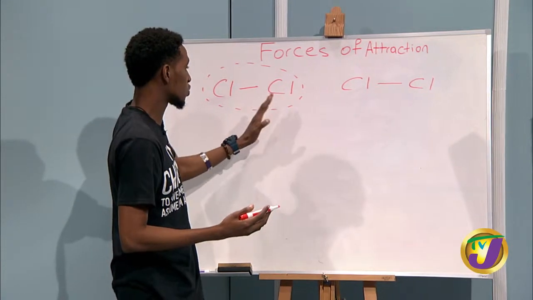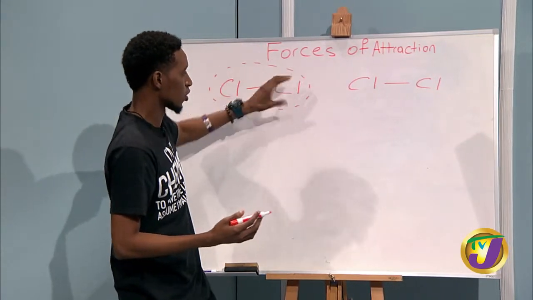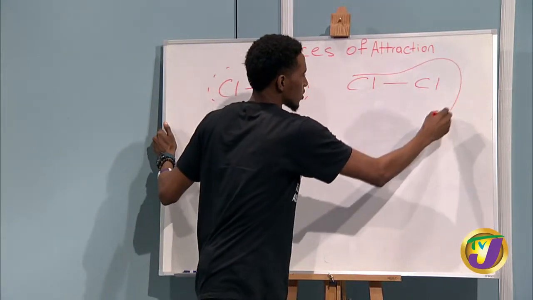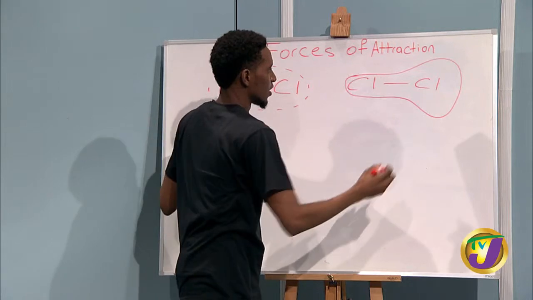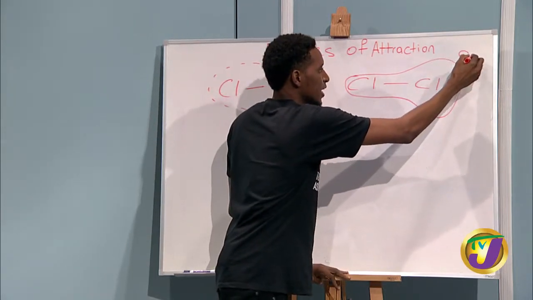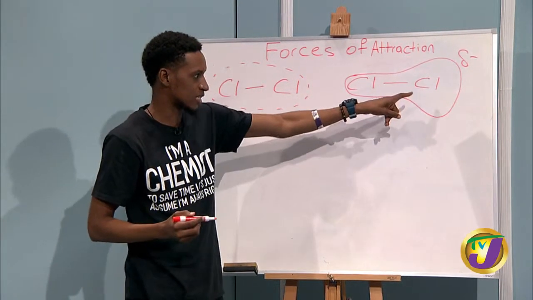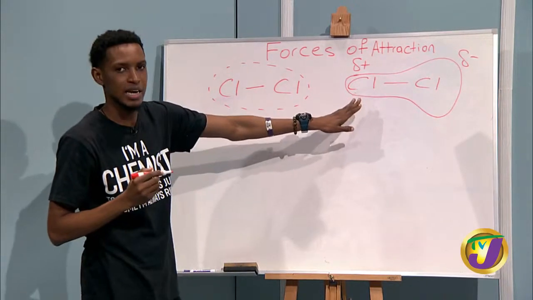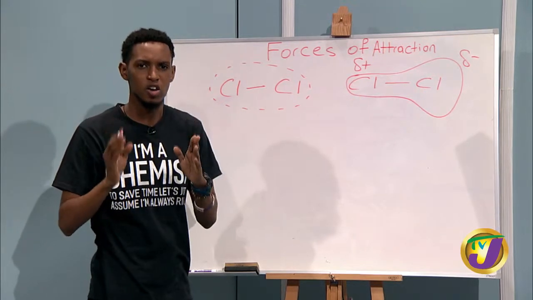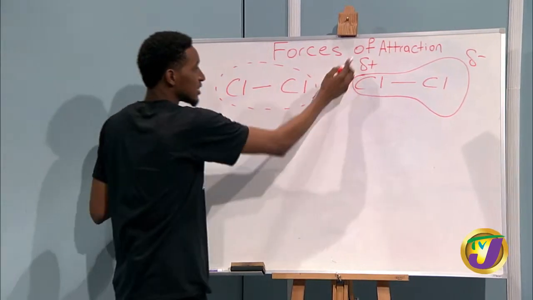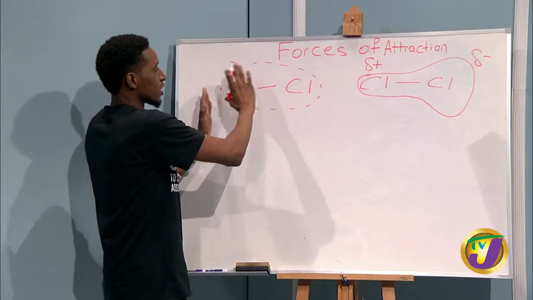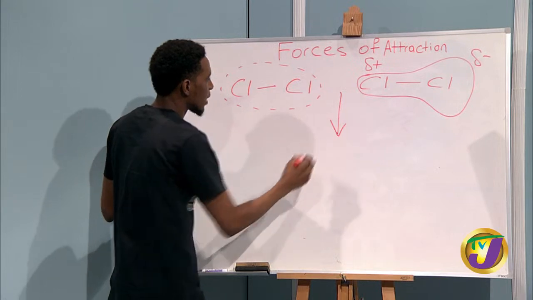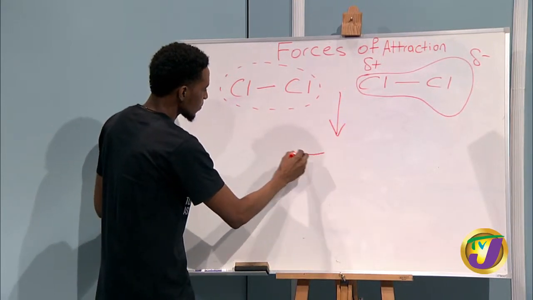When it approaches this one, these electrons repel the electrons in this molecule and essentially push them over to this side. Therefore, a slightly negative charge would develop on that side and a slightly positive charge would develop on this side of the molecule. Since this is now positive, the electrons here are attracted to that positive charge.